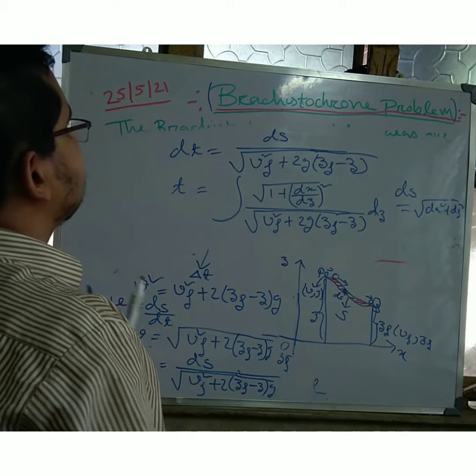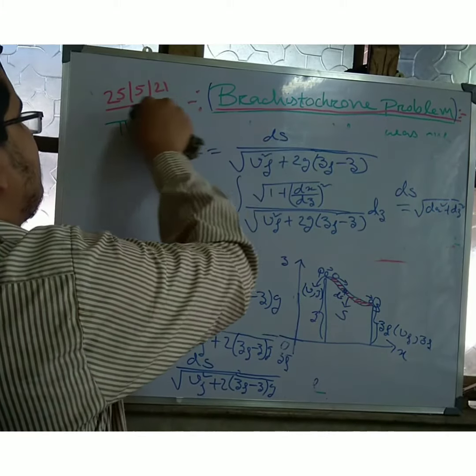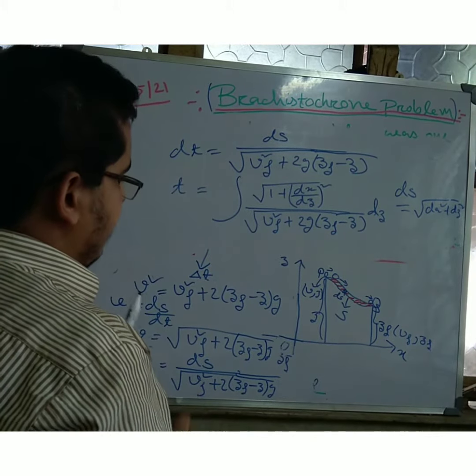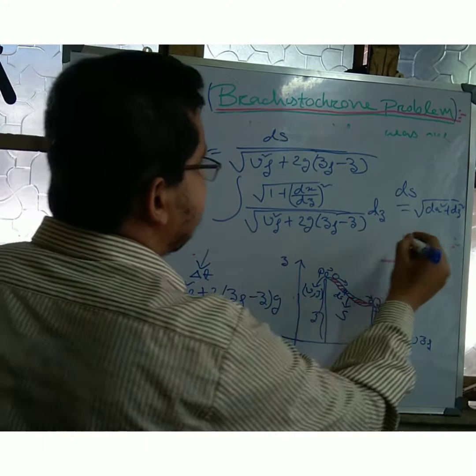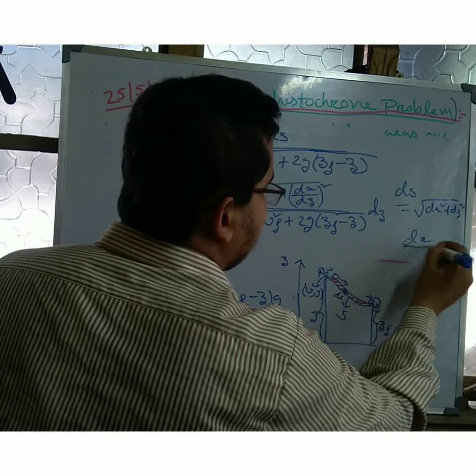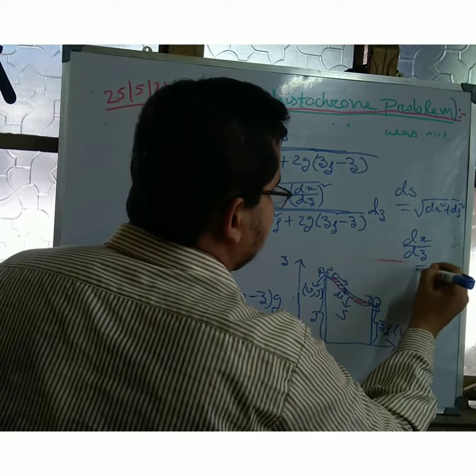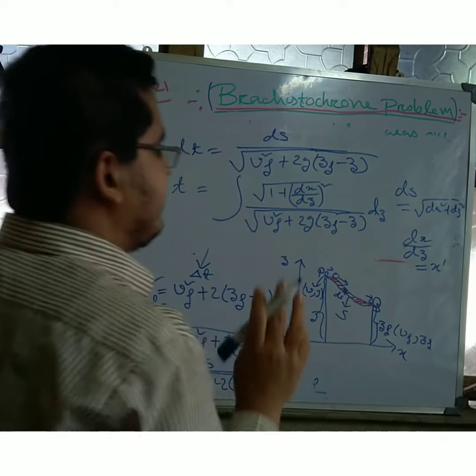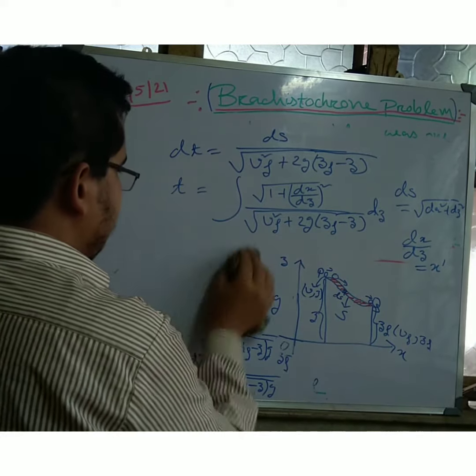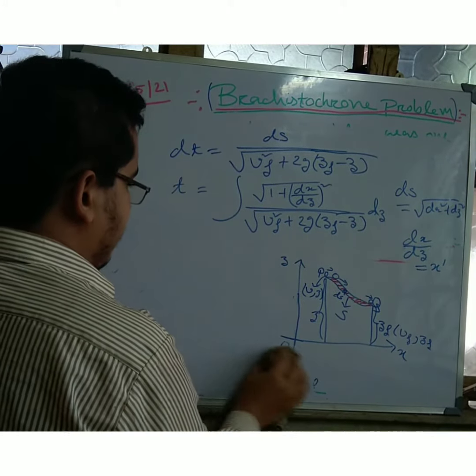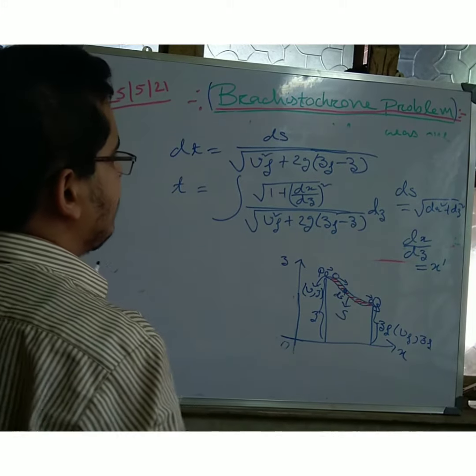So friends, in the Brachistochrone problem dt is equal to this, and dx by dz is equal to x dash. I hope it is clear for you, and you have written this formula.